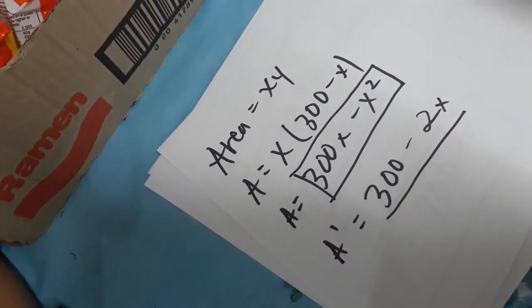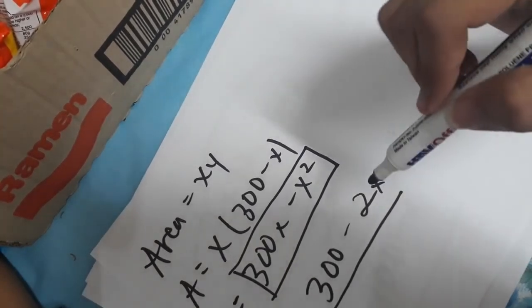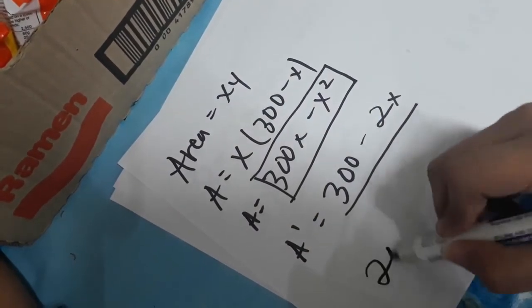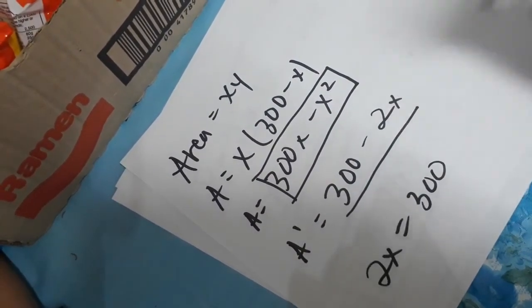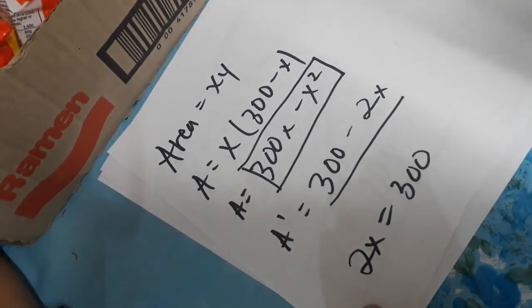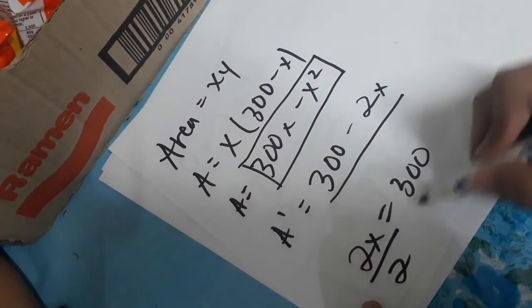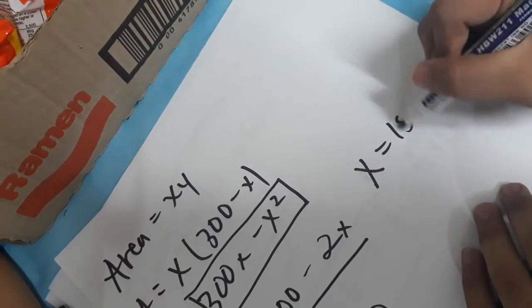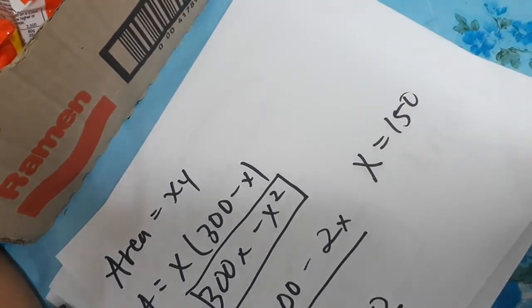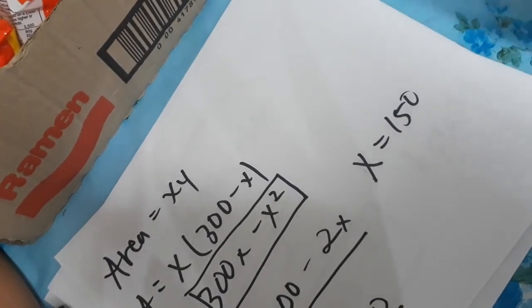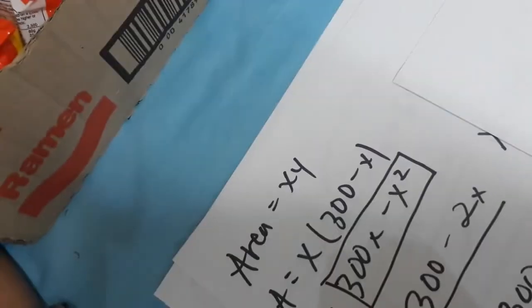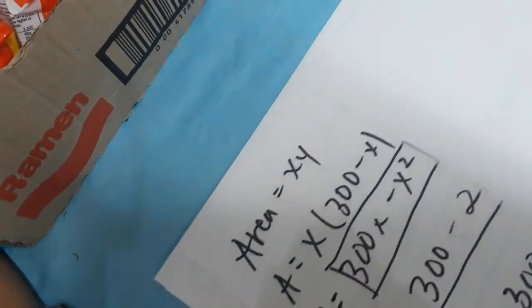So to get the value of x, we will move 2x outside the equals. So it will be 2x is equal to 300. And to get the value of x, we will divide both sides by 2. So we'll have the answer x is equal to 150. So John wants to maximize his land. So to get the maximum capacity of his land, we will substitute the value of x into the function 300x minus x squared.